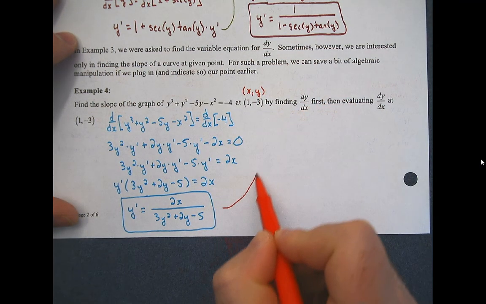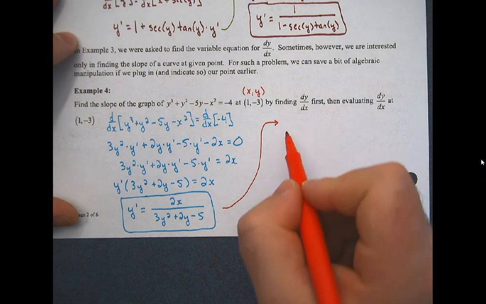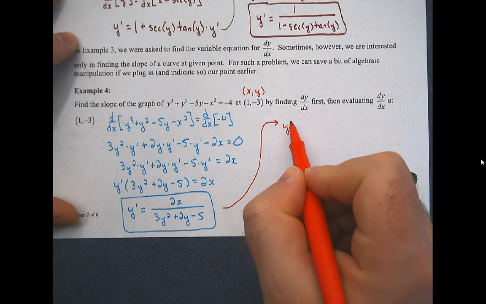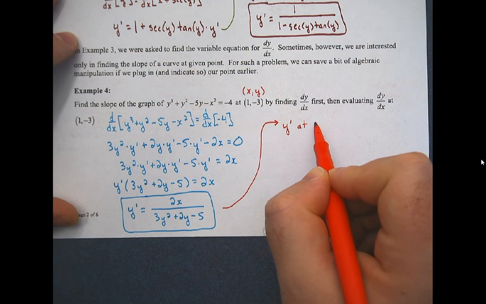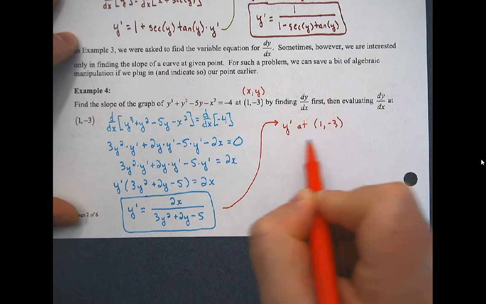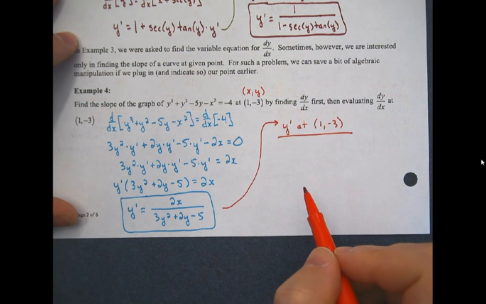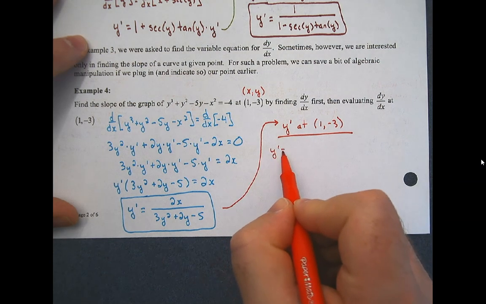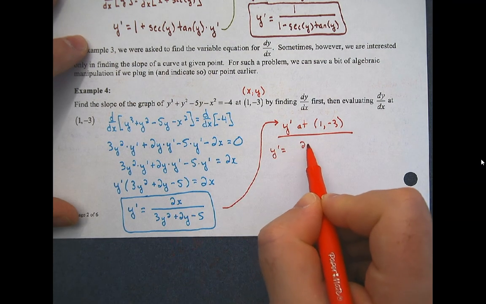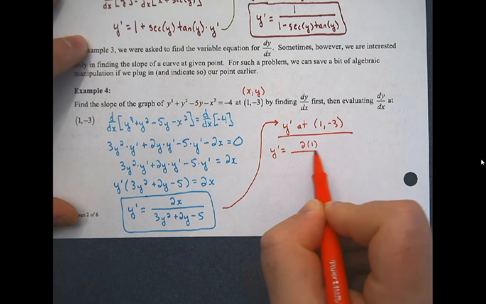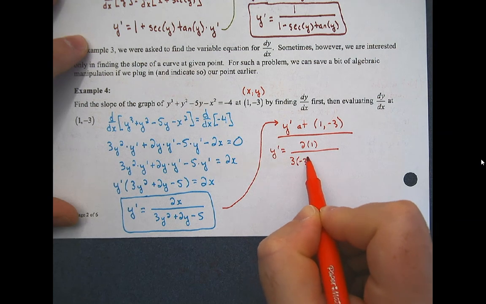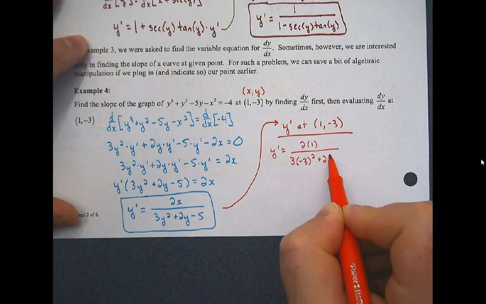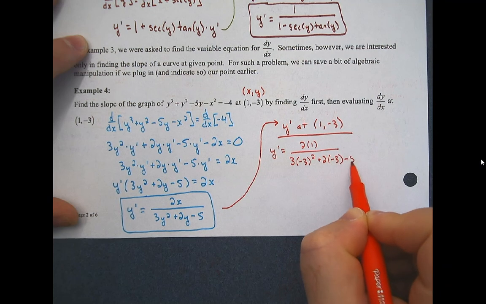So y prime at (1, -3). Then y prime is equal to, plug in 1, so that would be 2 times 1 over 3 times -3 squared plus 2 times -3 minus 5.